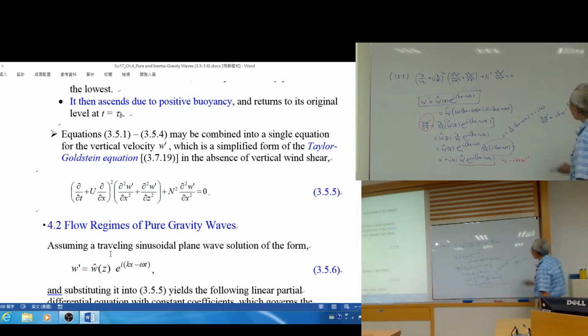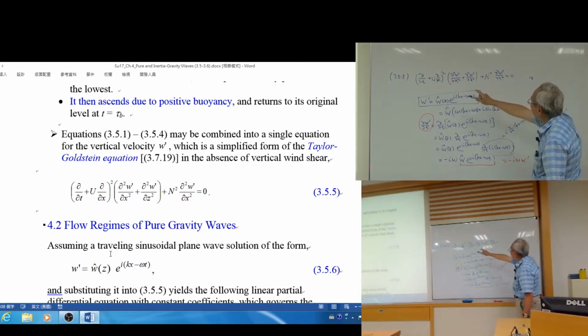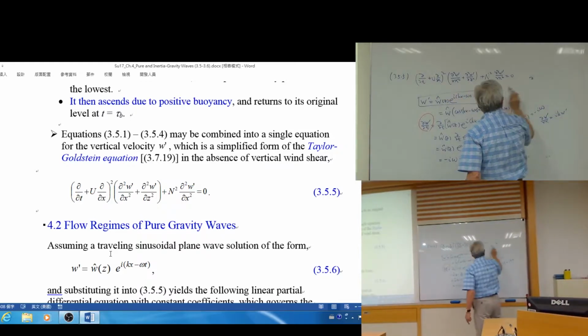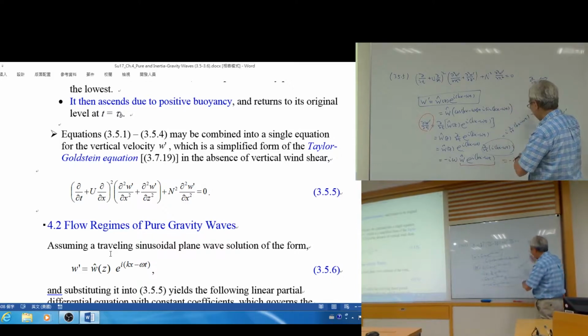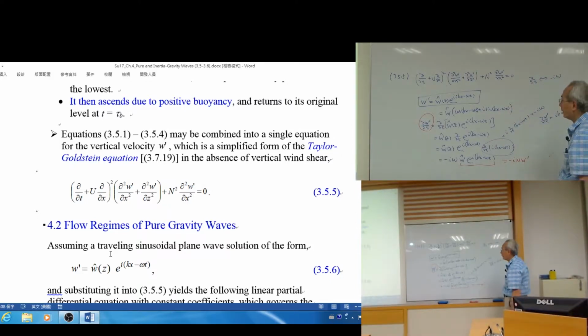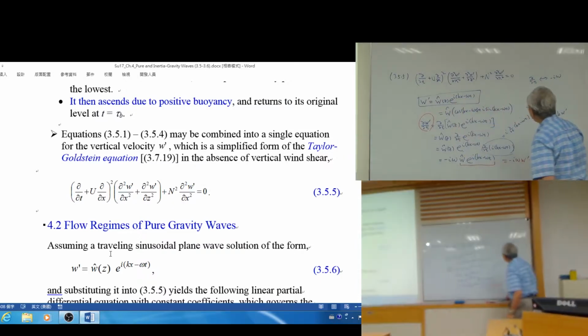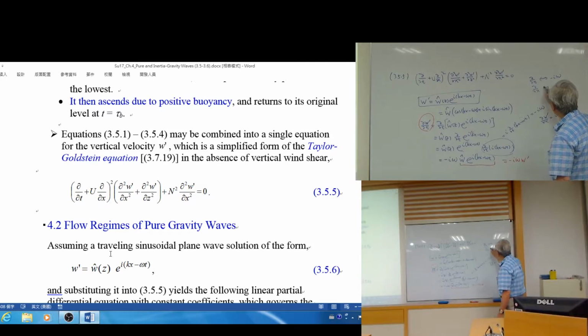So in other words, as a shortcut, assuming this sinusoidal form, d/dt corresponds to negative i omega and partial x corresponds to ik.